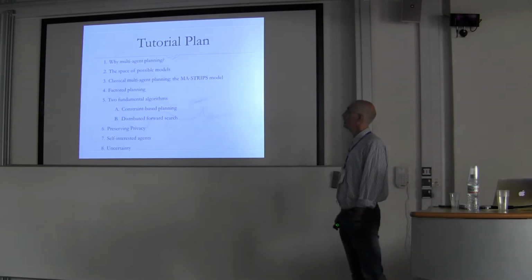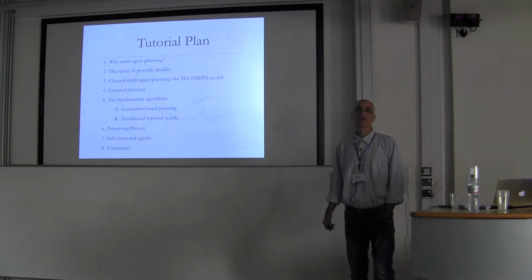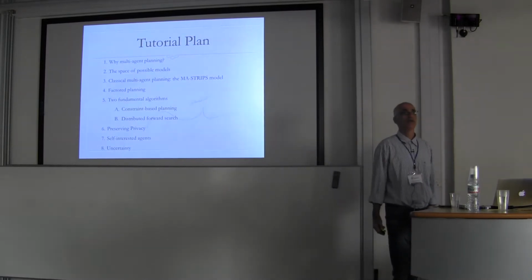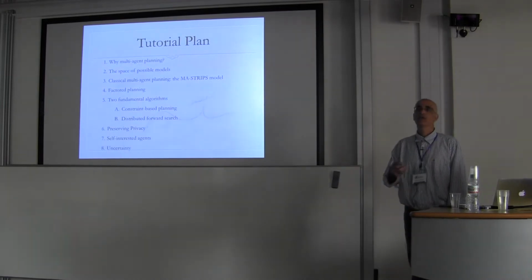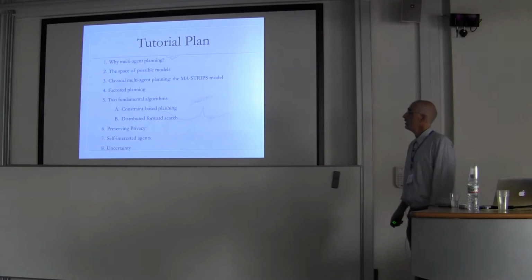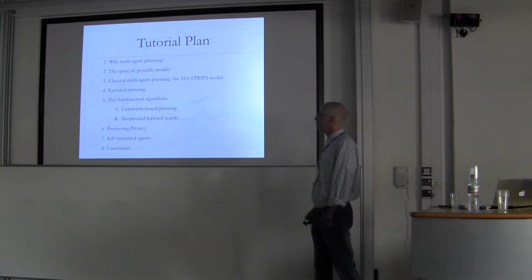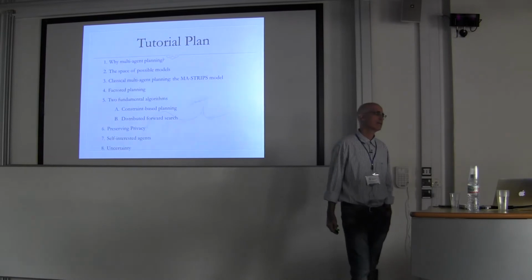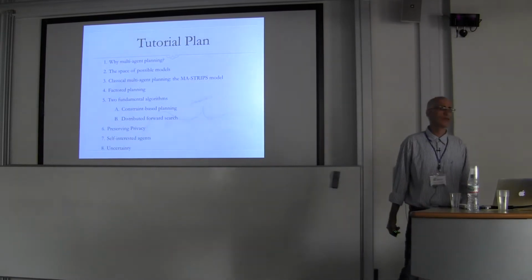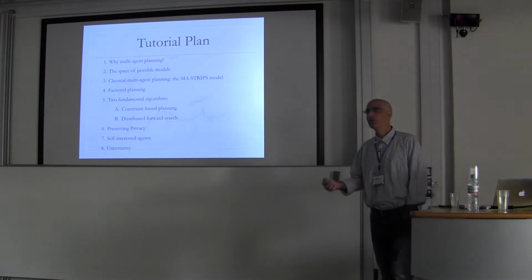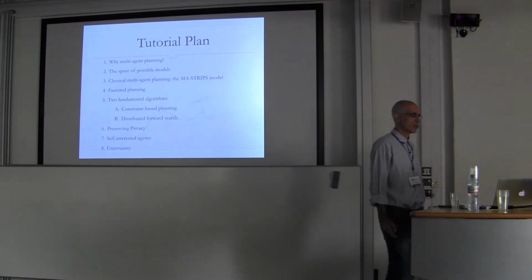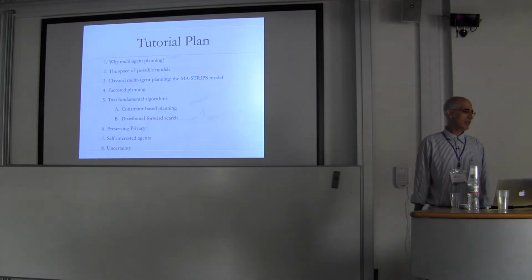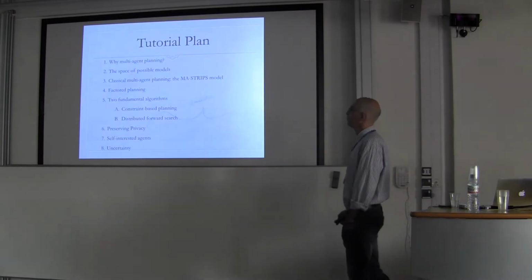Then I'm going to talk about the multi-agent strips model, the language, and we're going to look at how it's used to do factor planning, and two fundamental algorithms. One is constraint-based planning, or you can also describe it as global planning followed by local planning, and the other is distributed forward search. So basically, this is the basic part of the tutorial.